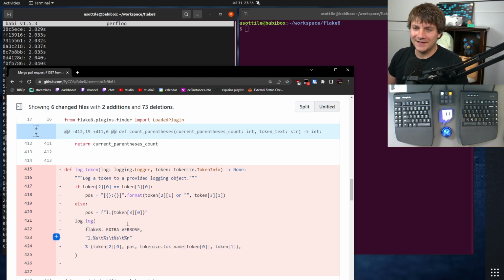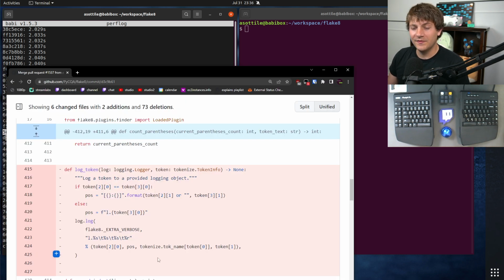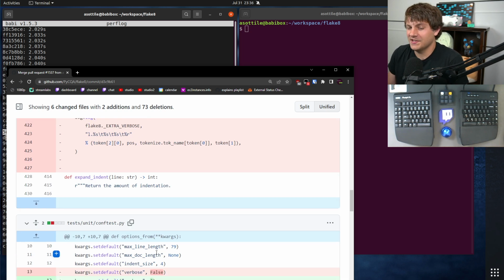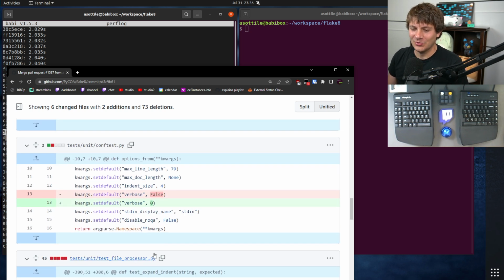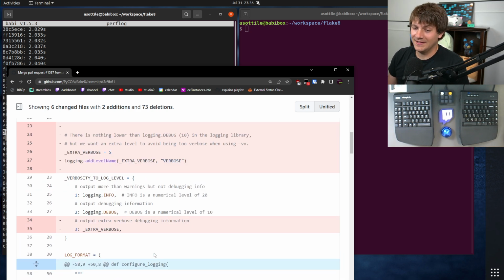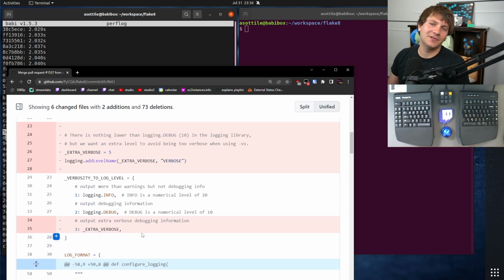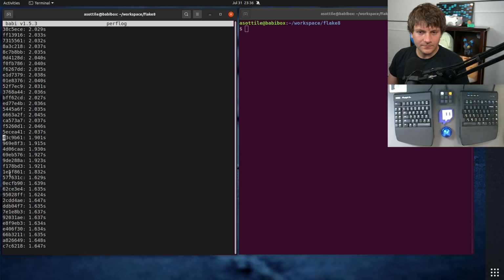This log line contributed to about 5% of the performance of flake8. And so removing this log.debug, although it's more like log.superdebug, sped up flake8 a lot, even though it was not being displayed at all. So even just the function call overhead of this was significant.